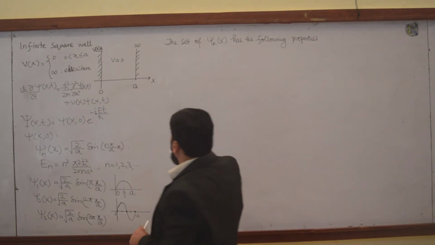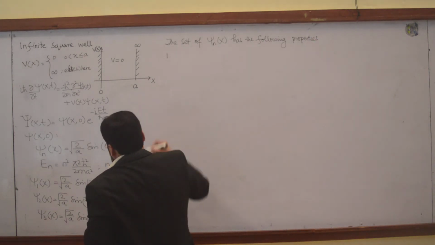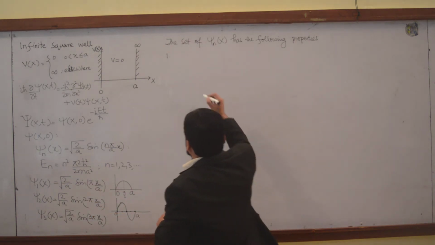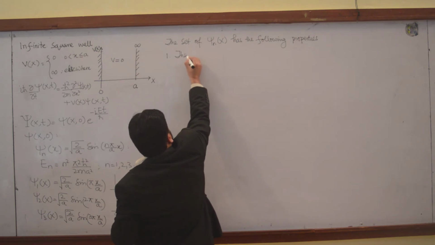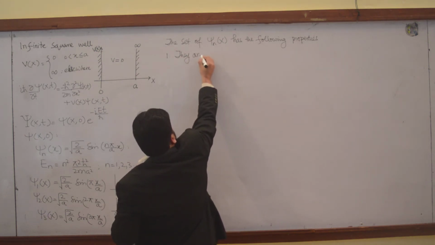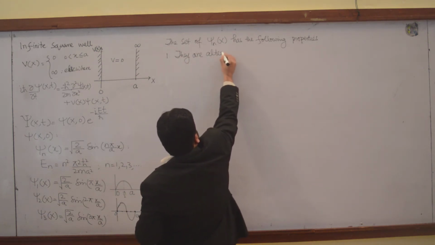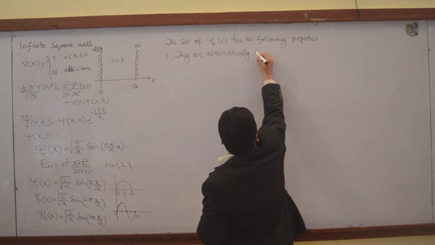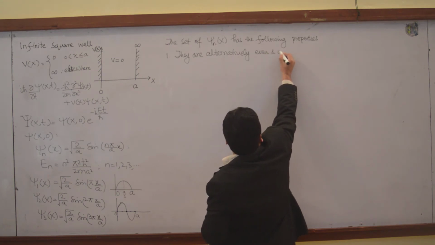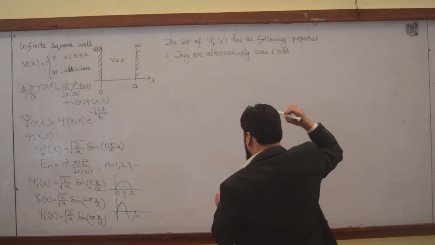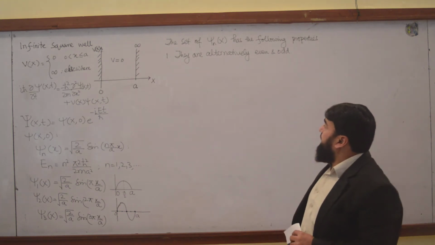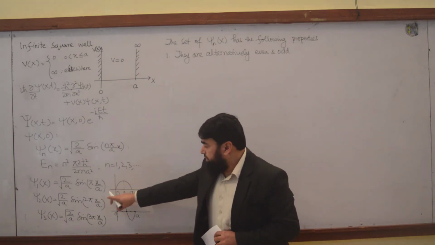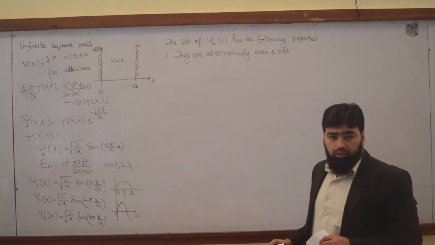Now, what are those properties? One we have explored, and it is this one, that they are alternatively even and odd functions, because we got even, odd, and so on.